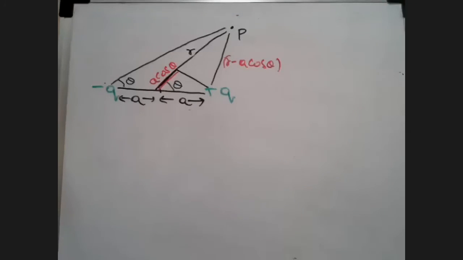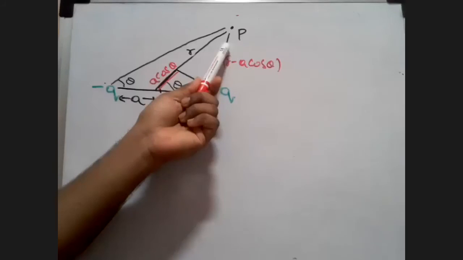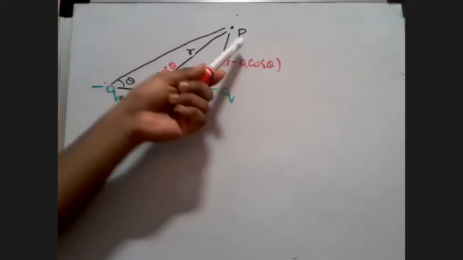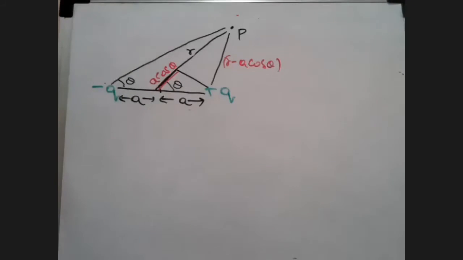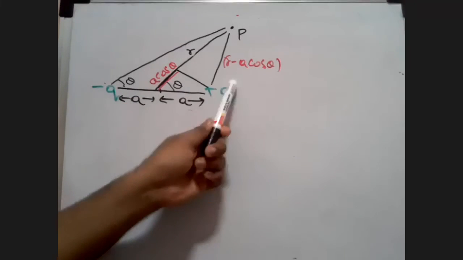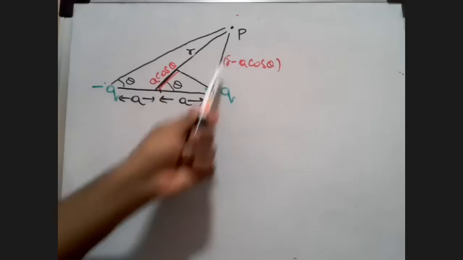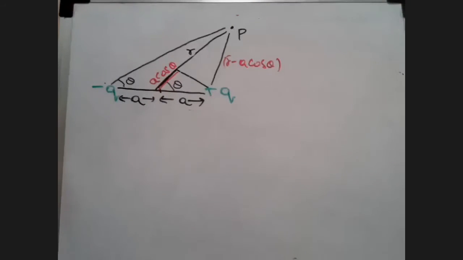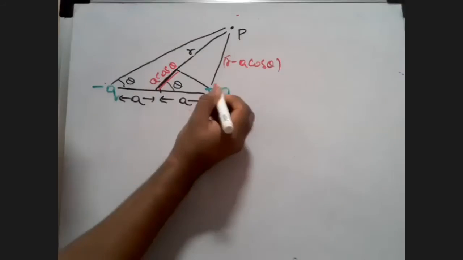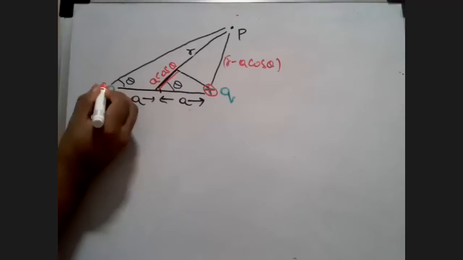Why am I saying that? If I take this point P at a very large distance, the distance from here to here and from here to here will become almost the same. I know it is a little bit difficult to grasp, so if you're getting confused, let me know.